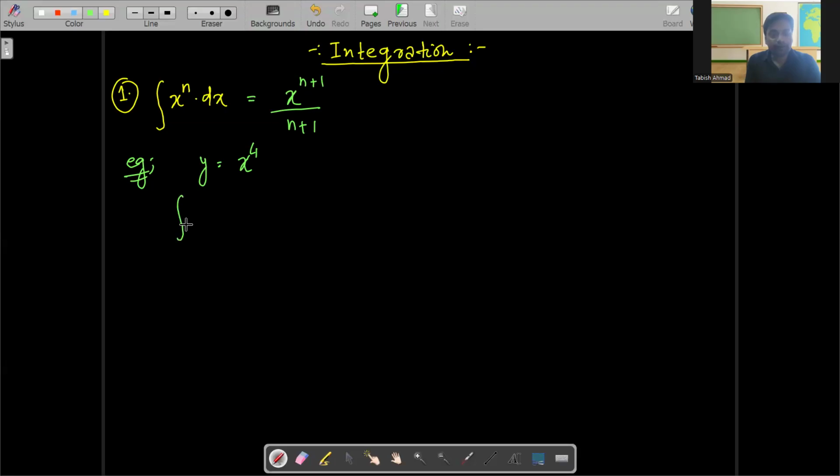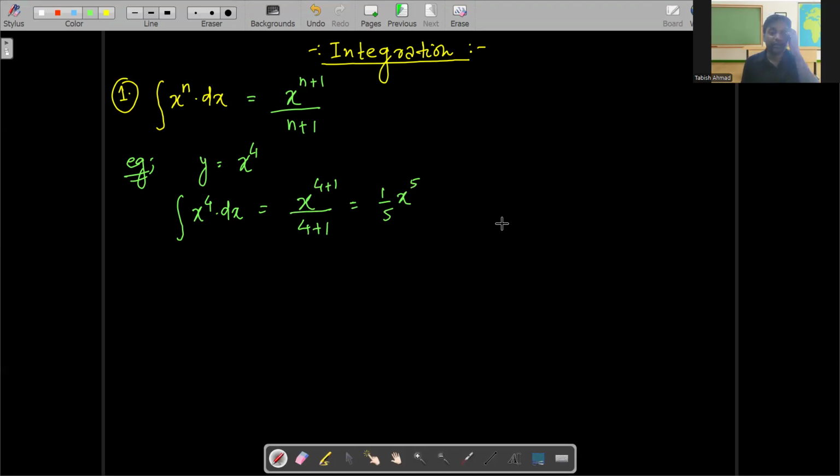That will be integration of x to the power 4 dx. Comparing x to the power 4 with x to the power n, n is equal to 4, so it becomes x to the power 4 plus 1 over 4 plus 1. So the answer is 1 over 5 x to the power 5.